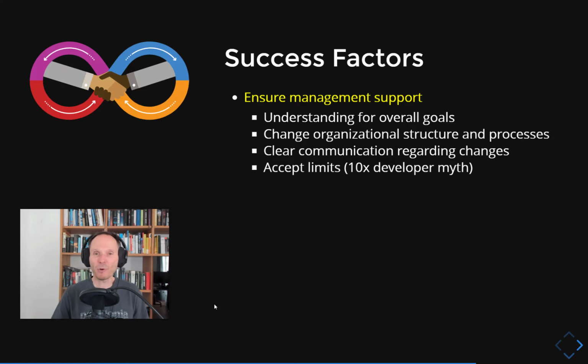For instance, I have many customers who say to their teams, yes, do DevOps, do DevSecOps, do cloud native security, introduce Kubernetes, build everything on containers. But by the way, you are not allowed to use any public cloud. We will still keep all our policies with firewalls and so on in place. Why can't you do that? That doesn't work. We need to accept limits. If the teams are responsible for security, we have to give them the correct tools.